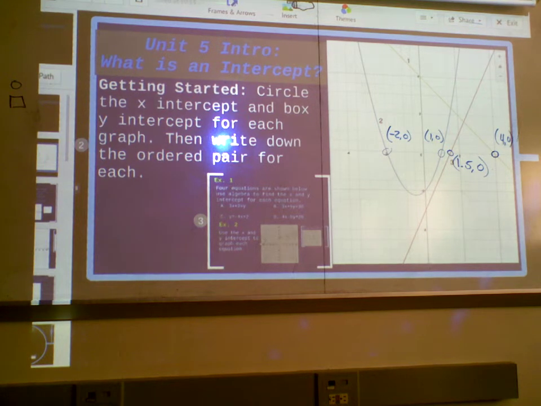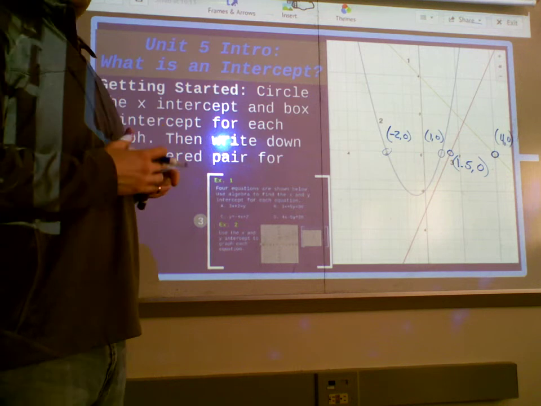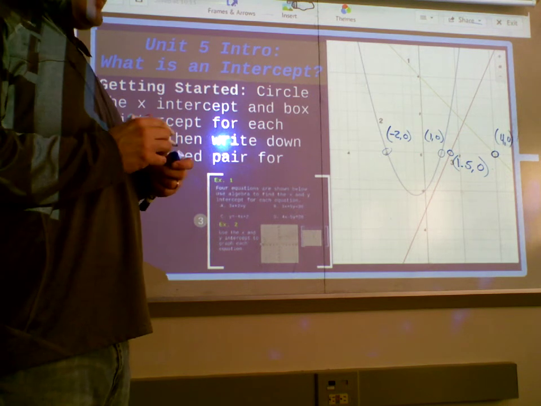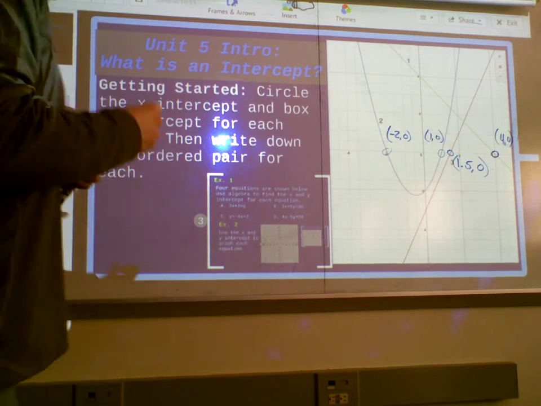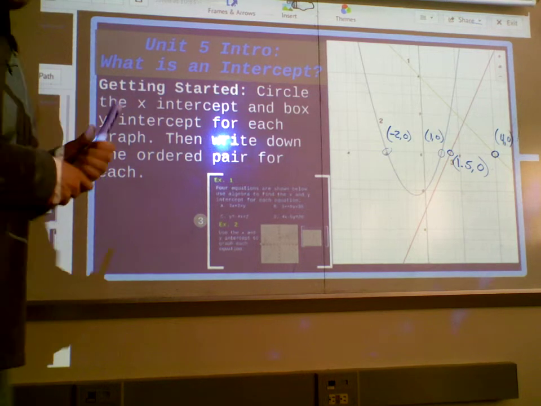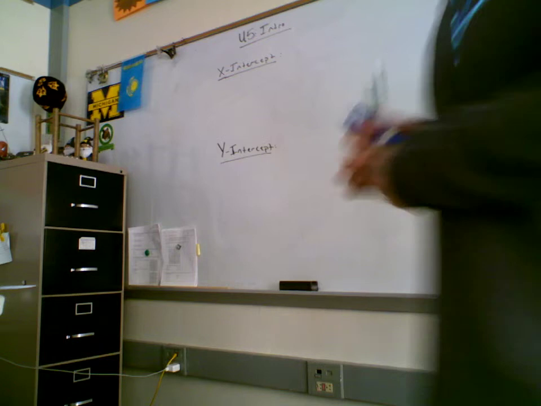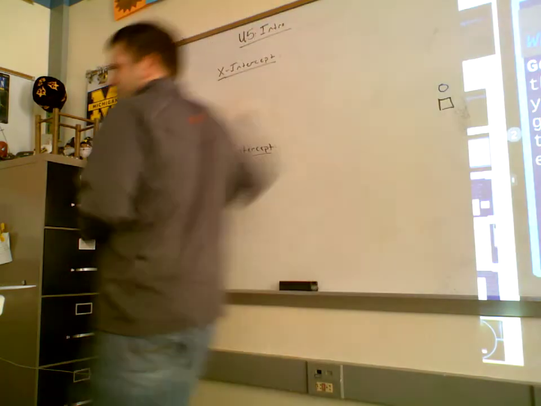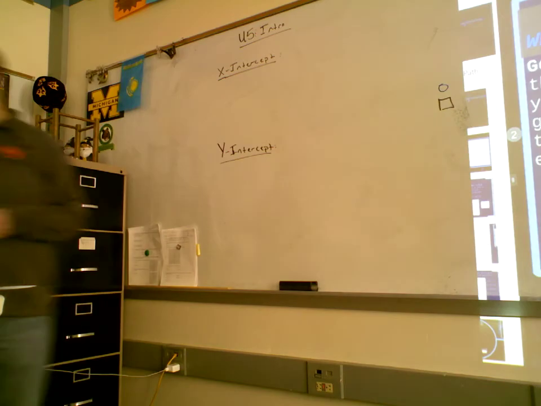Okay. So I circled all my x-intercepts and I wrote down the points. So hopefully on your worksheet, you circled all the x-intercepts and you wrote those points down. Right? Does that make sense? Okay. So the x-intercept then, I'm going to write down some notes. The x-intercept is where the graph does what?